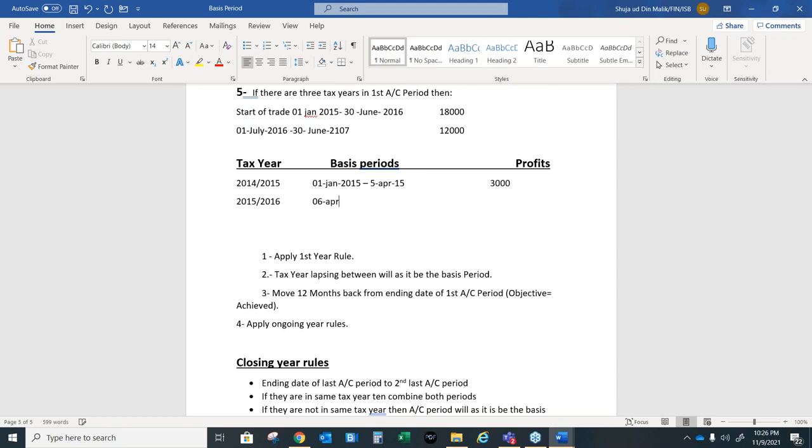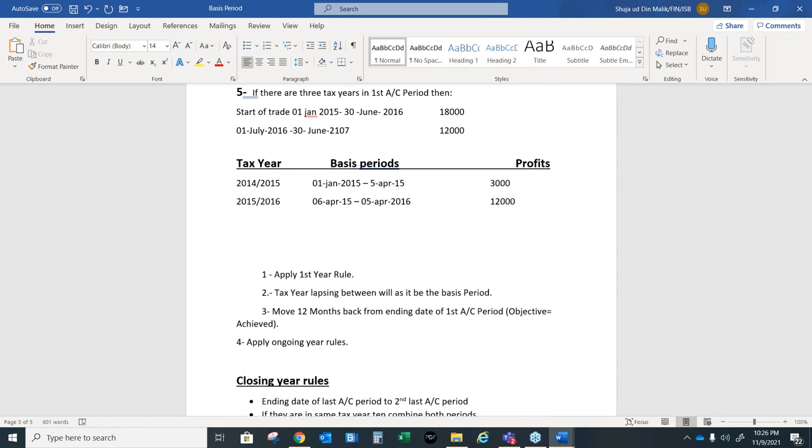So it will be 6th April 2015 till 5th April 2016. Now, exactly 12 months from this 18-month period, the profit per month is 1,000.